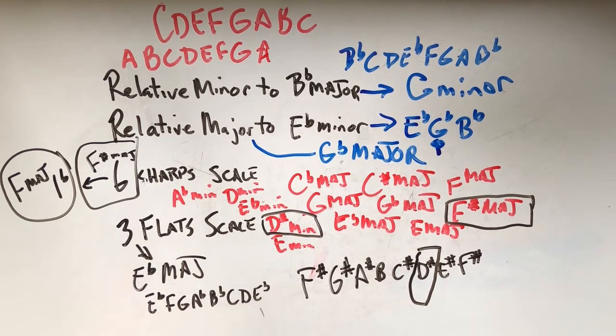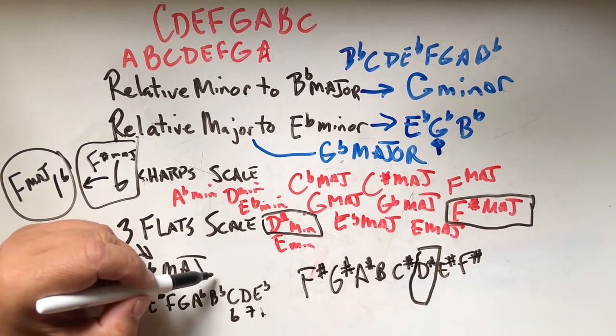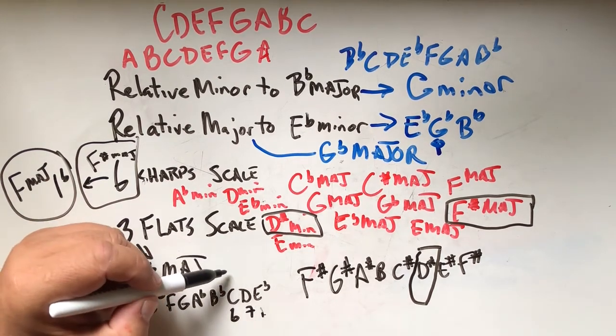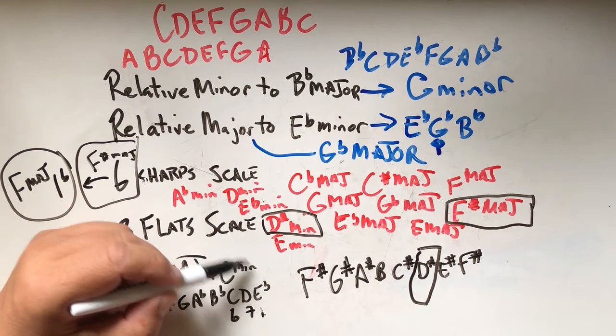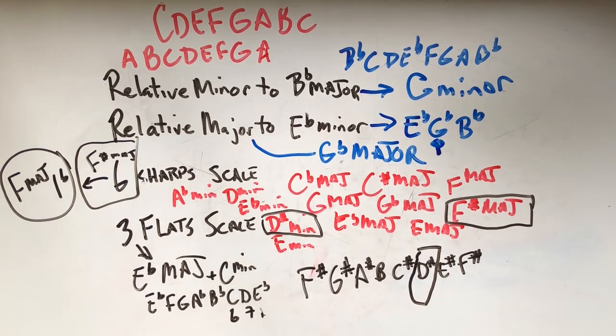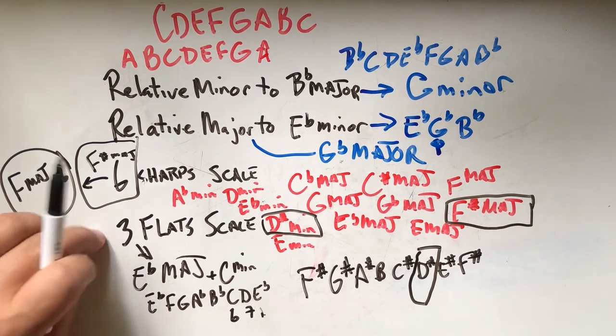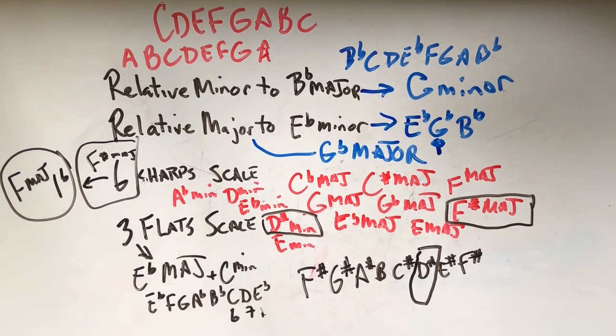Here's note number 1, there's note number 7, there's note number 6. So the answer is E flat major and C minor. Those 2 scales, spelled with 3 flats, B flat, E flat, A flat, are the 3 flat scales that are possible. You have lots and lots of videos talking about this, worksheets that you've done, and of course your blue flashcards.